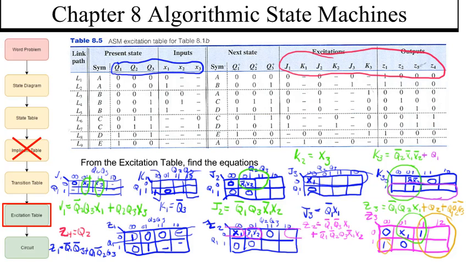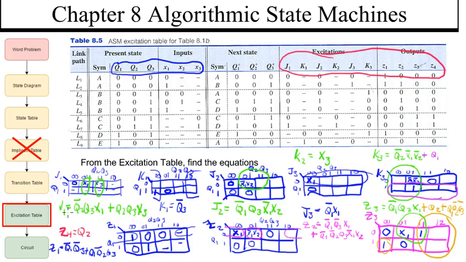So I would build the circuit by entering all these equations into the simulator, building the combinatorial circuits that develop all of our outputs and all of our JKs, adding the 3 flip-flops, and then tying their outputs back into Q1, Q2, Q3 inputs. And then I'd be done.